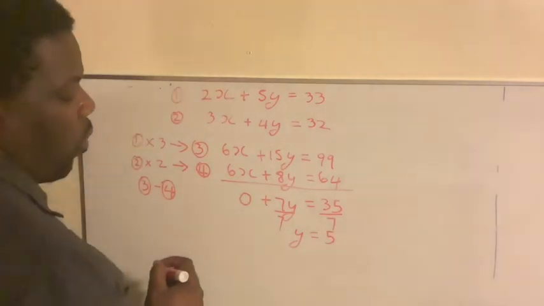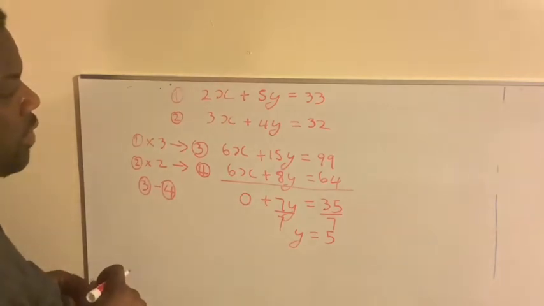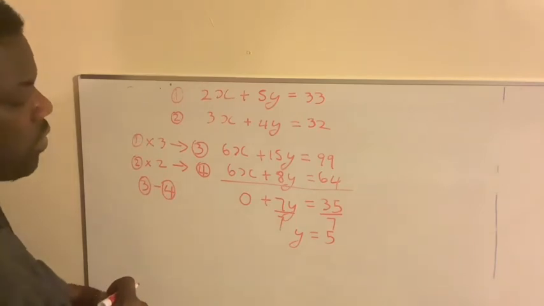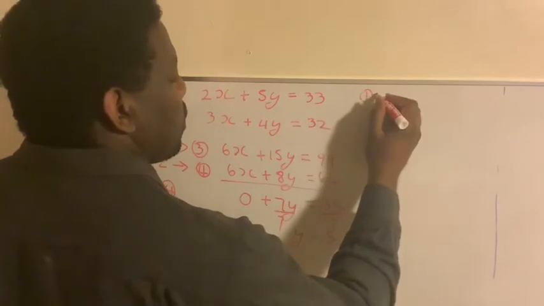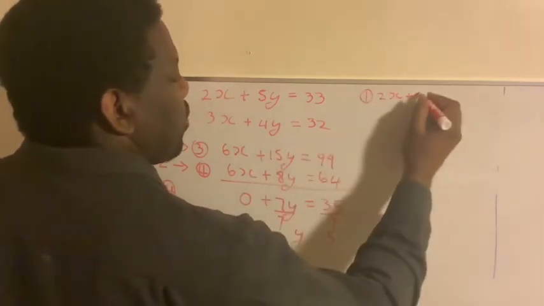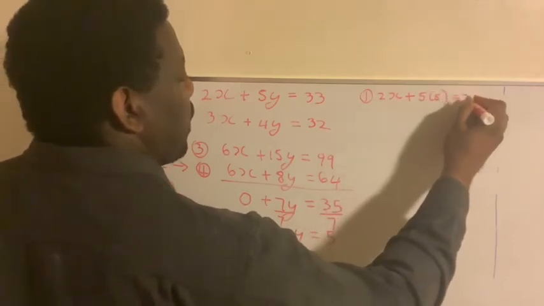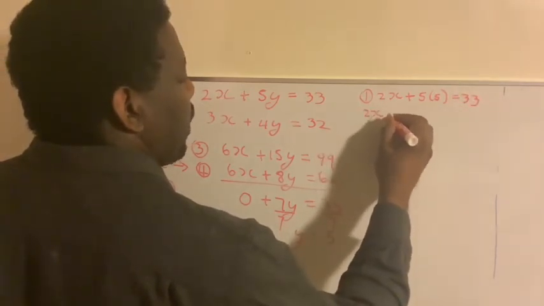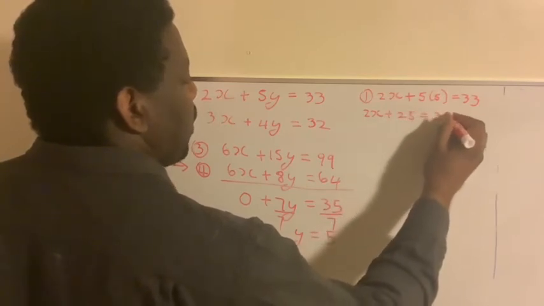Now that we know what y is, we can go back into any one of the 4 equations and figure out what x is. So let's choose equation 1. So we know y is equal to 5. 2x plus 5y, y is 5, is equal to 33. 2x plus 5 times 5 is 25, is equal to 33.